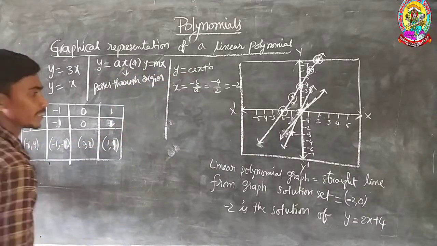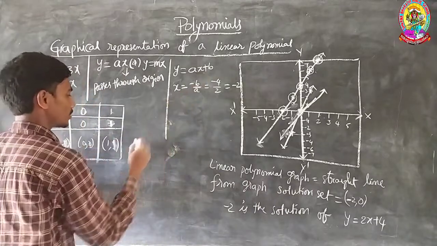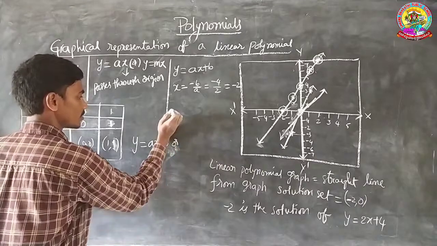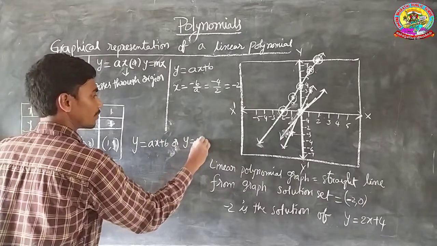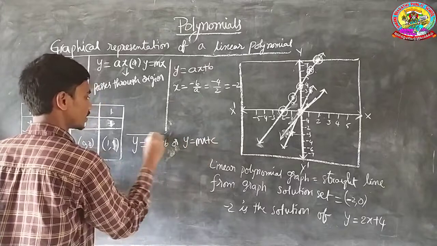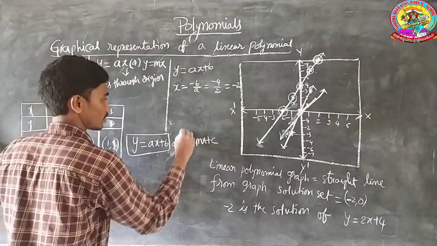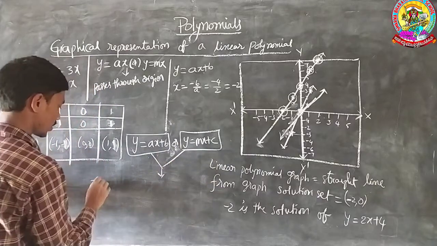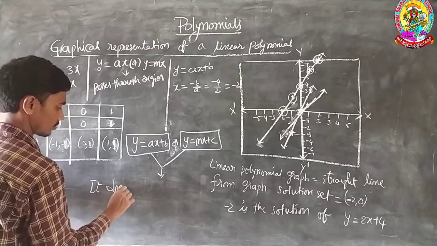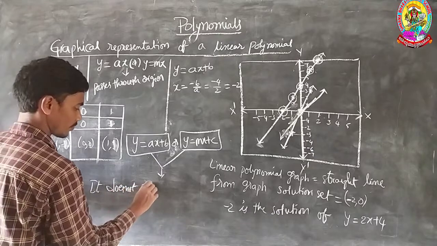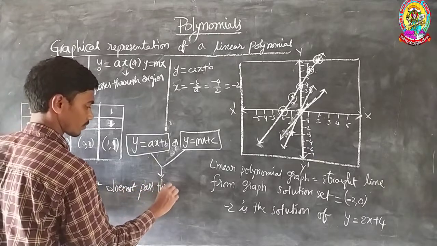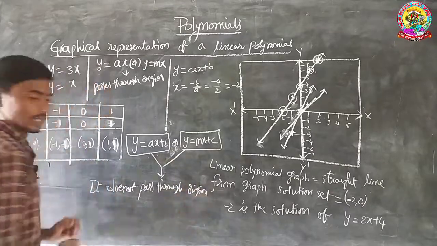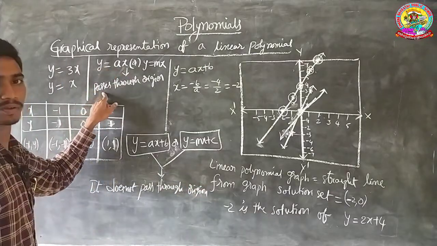Next, y is equal to x plus b, or y is equal to mx plus c. The graph is like this, which means it does not pass through the origin. Y is equal to ax, the graph passes through the origin.